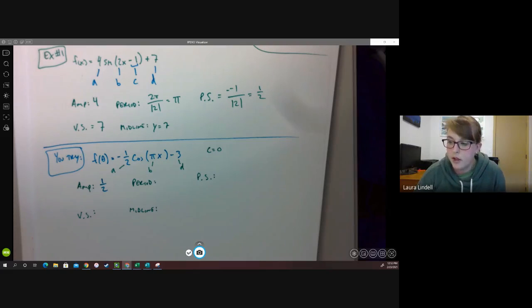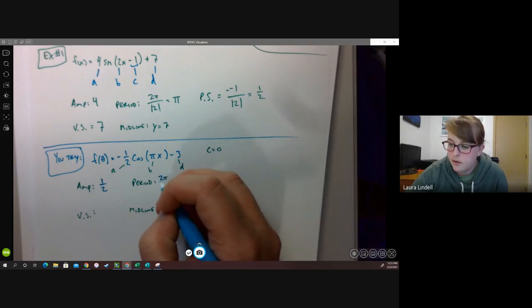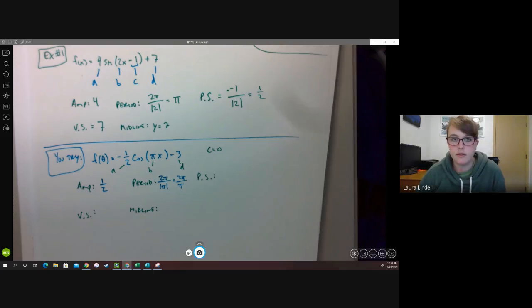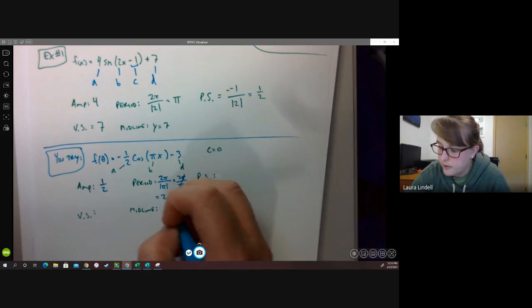Amplitude is 1/2. What do we think the period is? We know it's 2 pi over absolute value of b. Which is just 2 pi over pi. So what do we get with 2 pi over pi? Yeah, just 2. The pi's cancel. The period is 2.